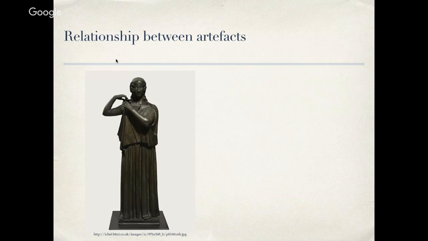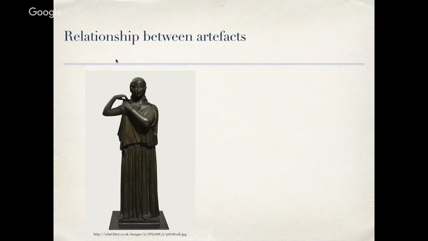Because yes, we go to a museum and we see a beautiful artifact, like for example this statue that comes from Herculaneum. It was exhibited in the British Museum in the context of an exhibition about Pompeii and Herculaneum.